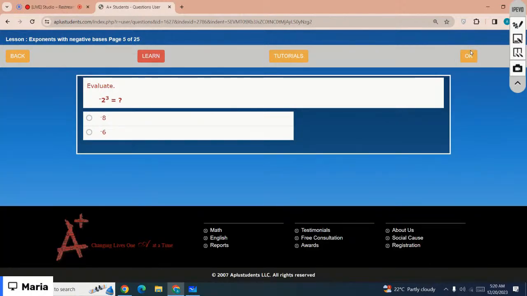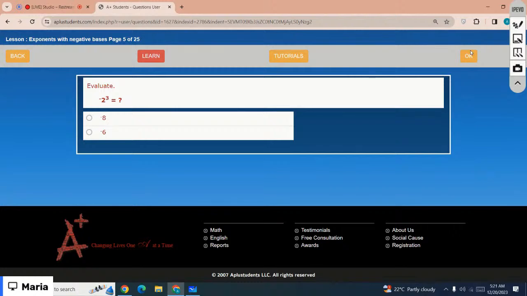Okay, the next one is evaluate negative 2 cubed. So, which is the correct option? Yes, here you don't have a bracket, right? That means you simply have to keep the negative sign as it is.